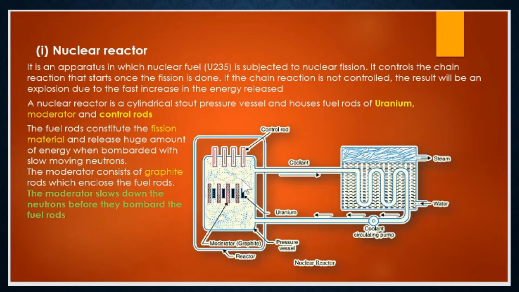What is meant by fission? This nuclear reactor will have the uranium 235, and we are going to use some neutrons to combine with this uranium 235, and it will convert into another form.